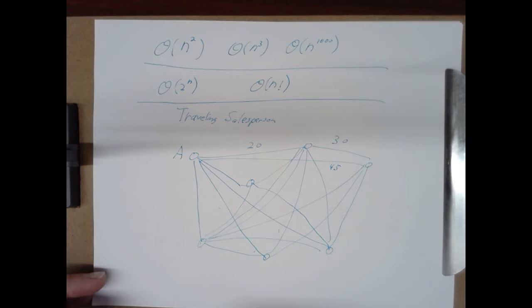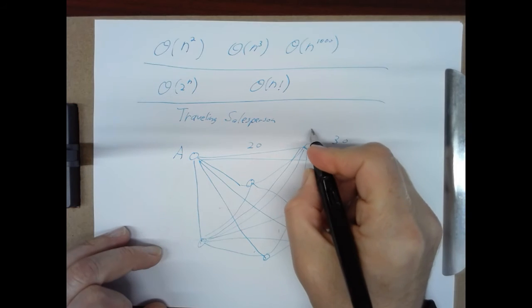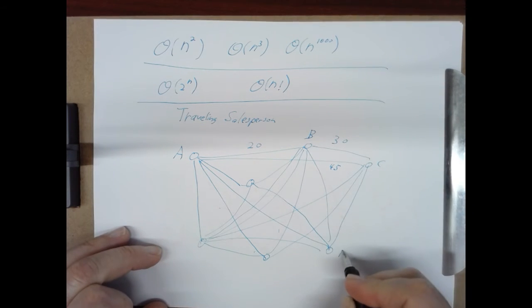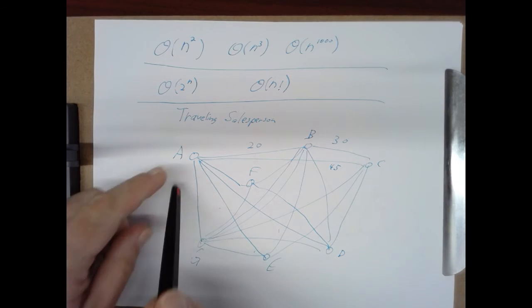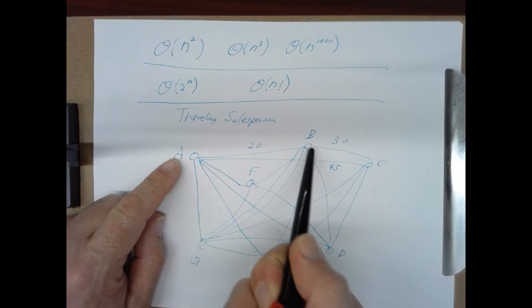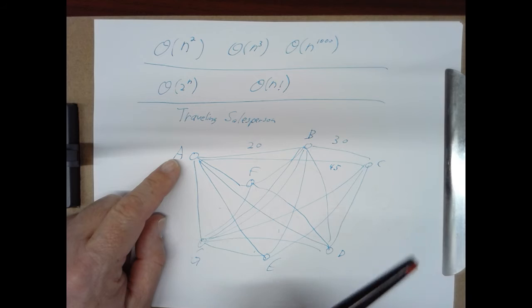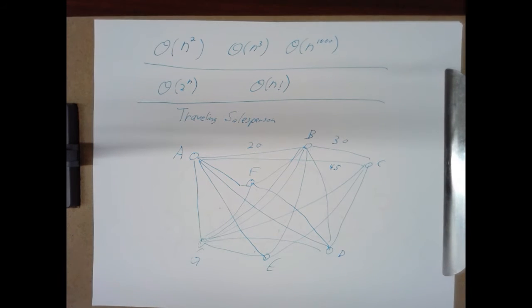And we can brute force this very easily because starting from city A, we have a choice. So let me name our cities. These are glorious names for cities. So from city A, we could choose to travel to either B, C, D, E, F, or G. We have 6 possibilities.